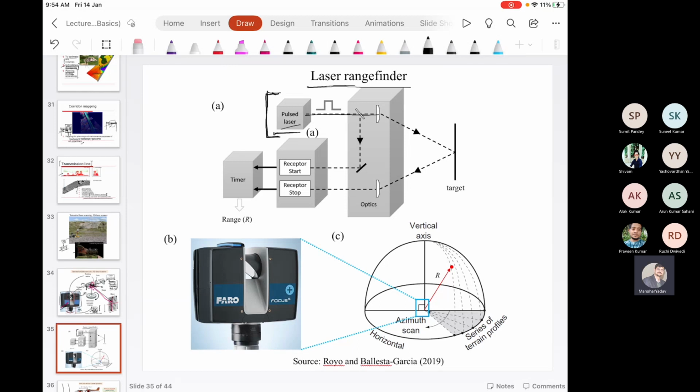When this laser pulse emanates from the laser transmitter aperture, a trigger signal is generated. Fine. And we call it the receptor restart. So this trigger signal triggers the counter. There is a timer circuit. It is a counter circuit.